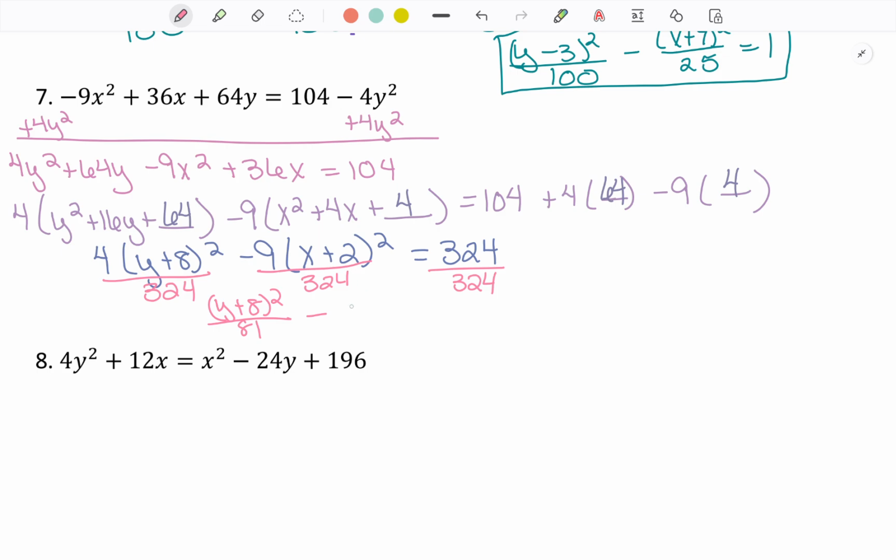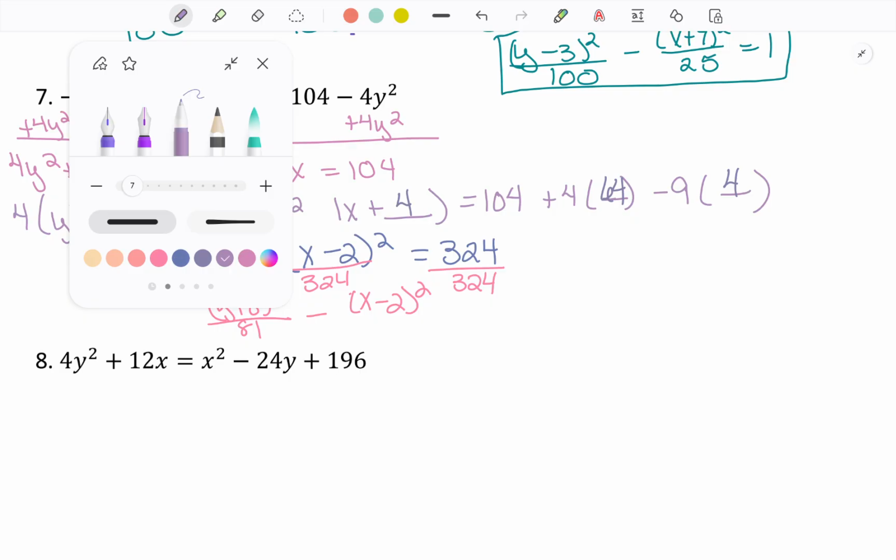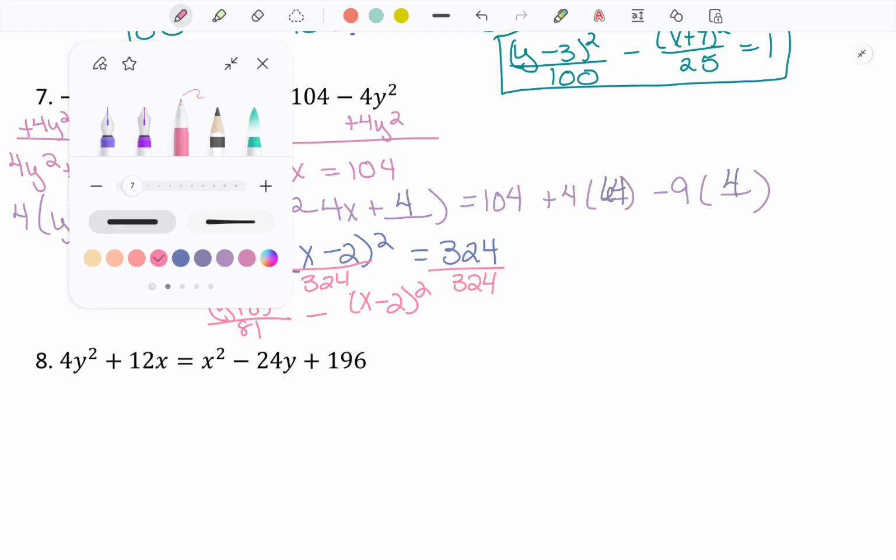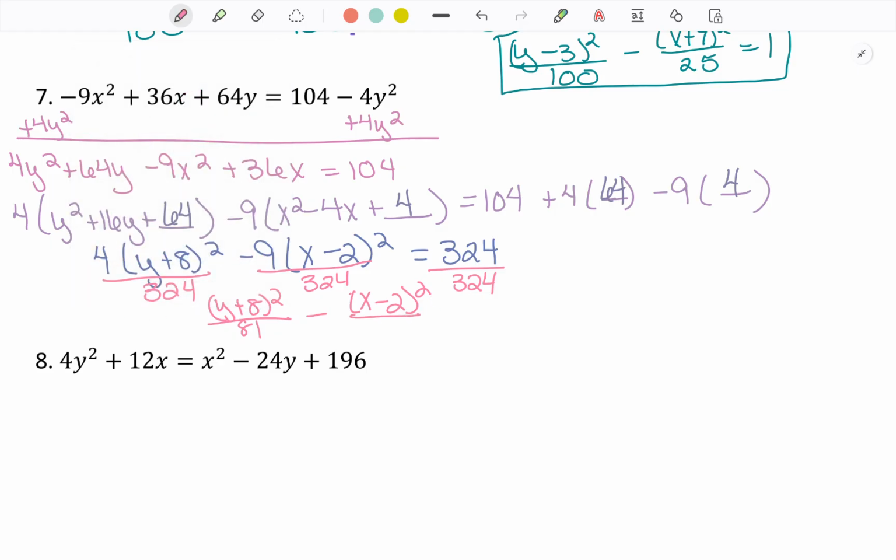And so that gives us, let's see, x, actually that should have been a minus 2 because we didn't ever flip the sign on the 4 when we factored. And so that will be x minus 2 over 36 equals 1.